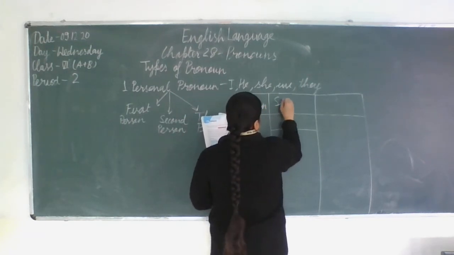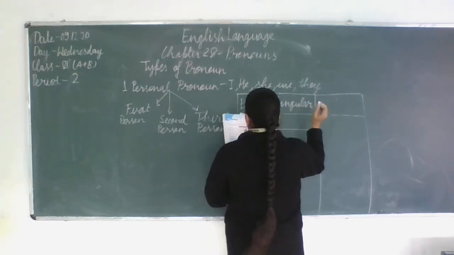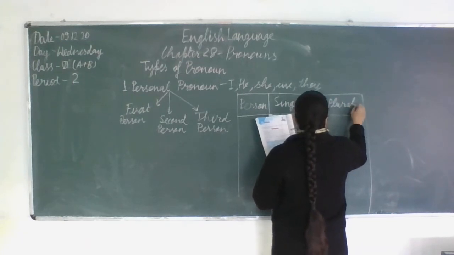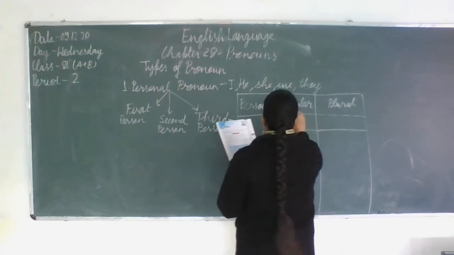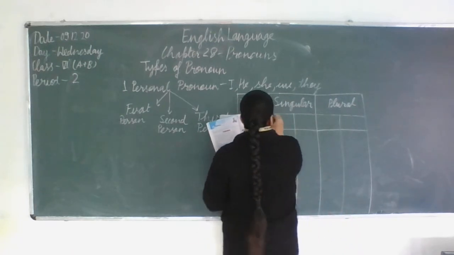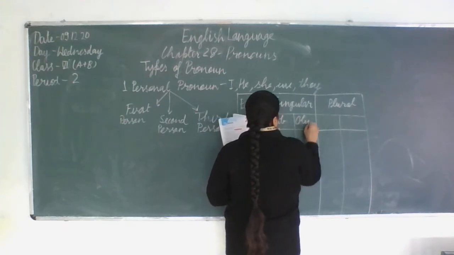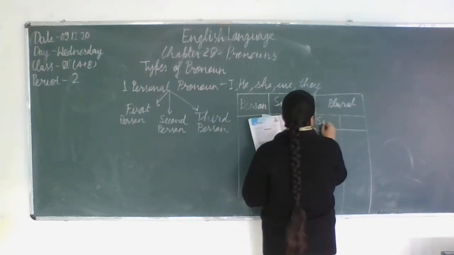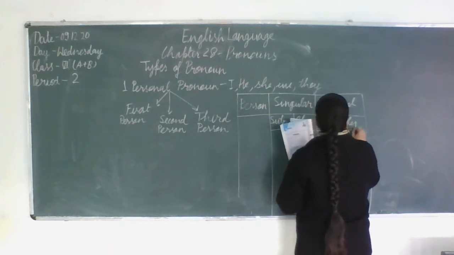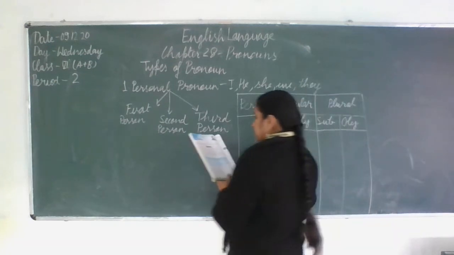Here this is singular and this is plural. Here these are further subdivided into subject and object. Here also subject and object. So this is the way the table is divided.